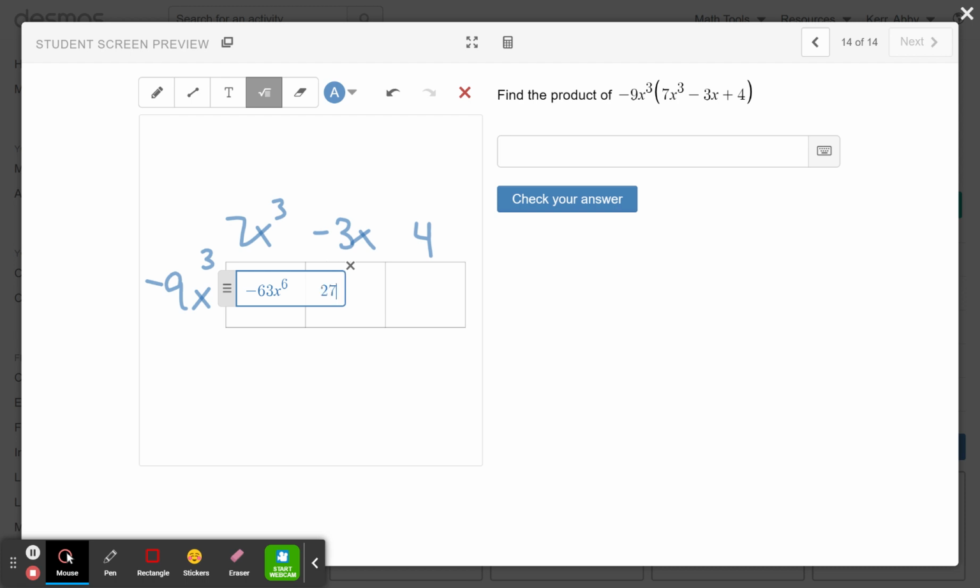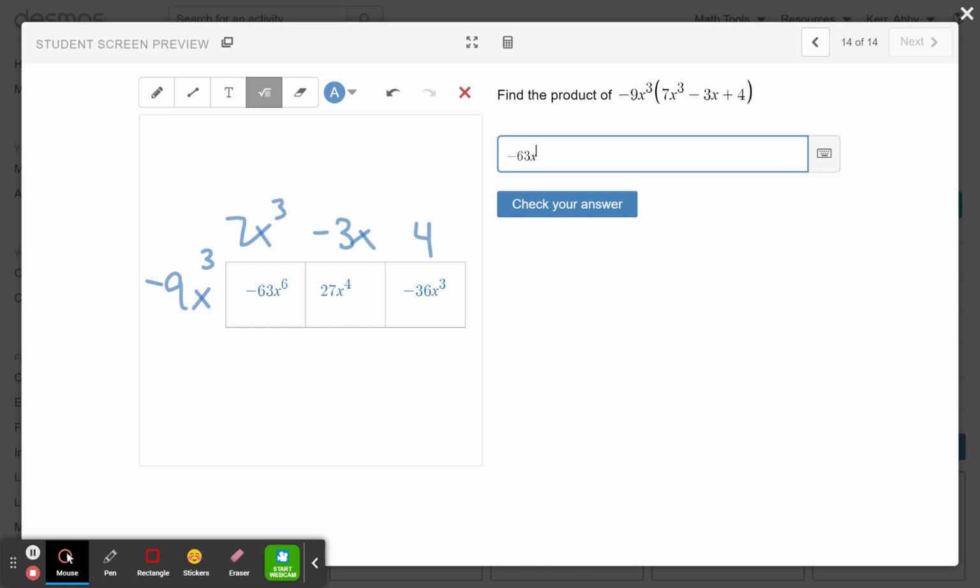Be careful here, this is a positive 27, x to the 4th. And then this gets you negative 36x to the 3rd. It's already in standard form for you, highest exponent, which means the biggest exponent.